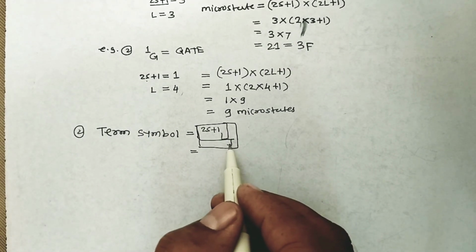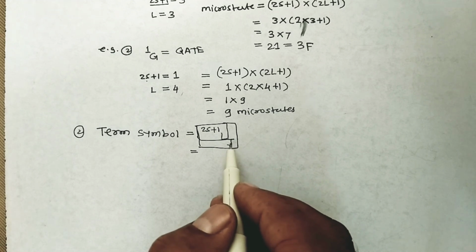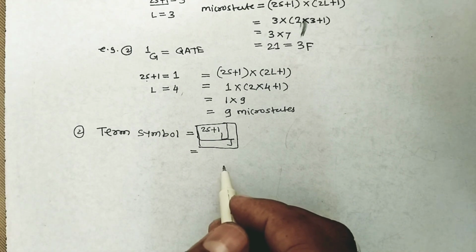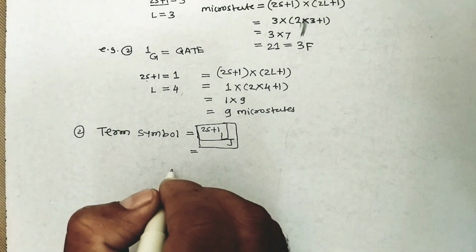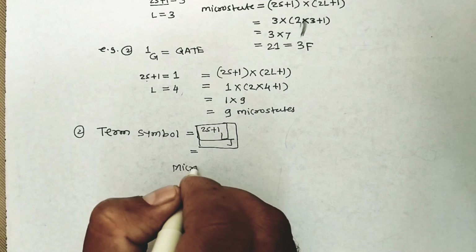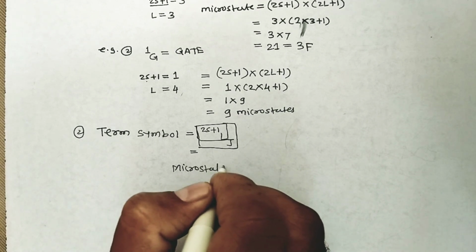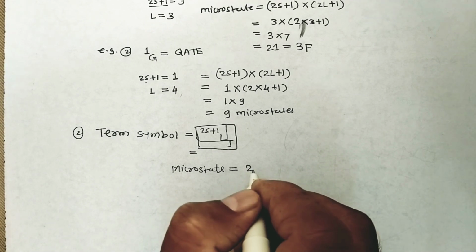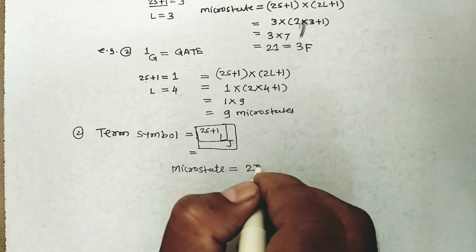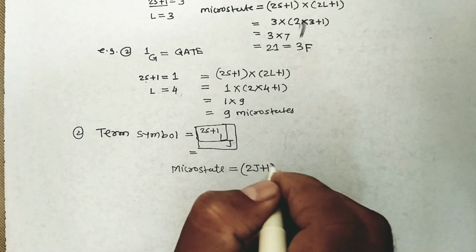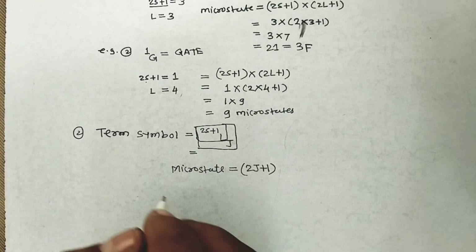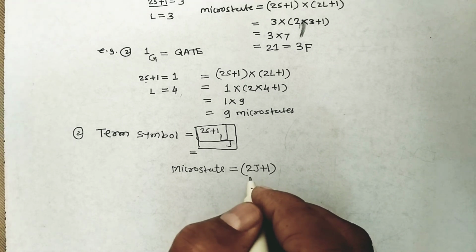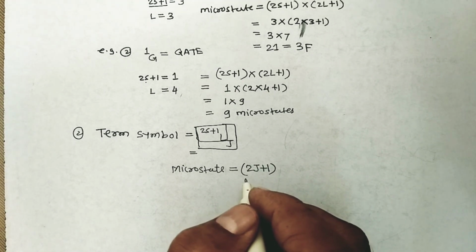In the term symbol the value of J is written; in the term, the value of J is not written. When the term symbol is given, the microstates can be calculated by using the formula 2J plus 1. This J is nothing but the total angular momentum number.